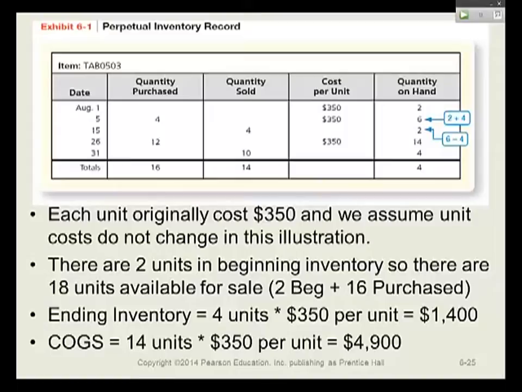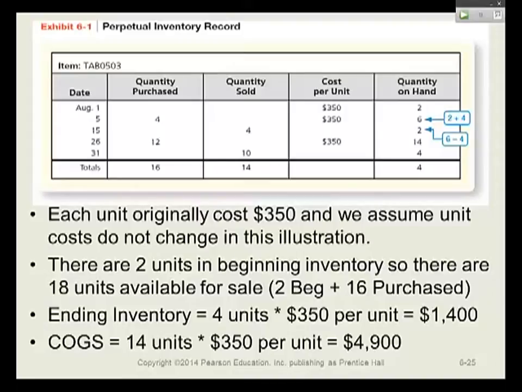So the ending inventory would be 4 units at $3.50 or $1,400, and the cost of goods sold would be 14 units at $3.50 or $4,900. If we look at the allocation, if you wanted this in dollars, you have goods available.